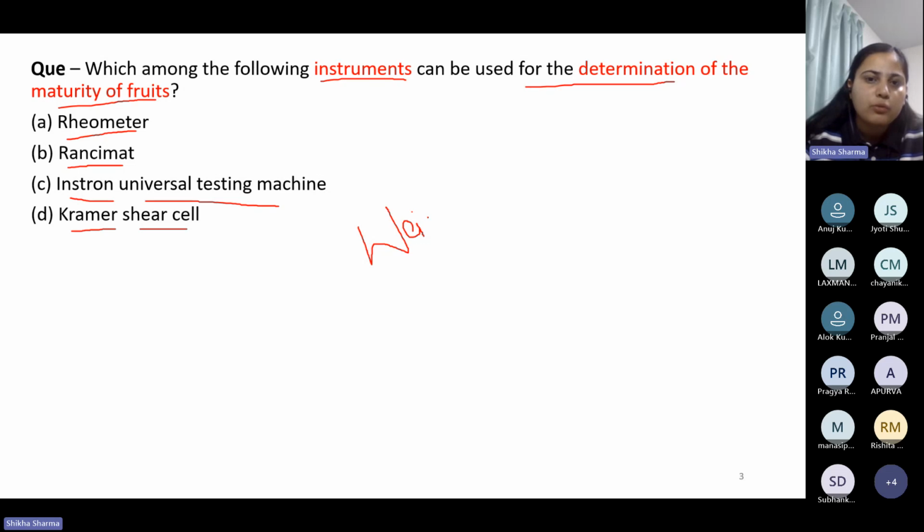So what is the weight loss during storage? One property is this.